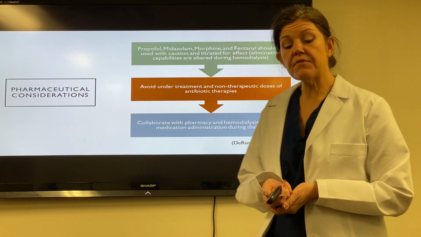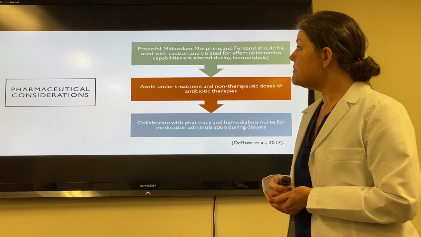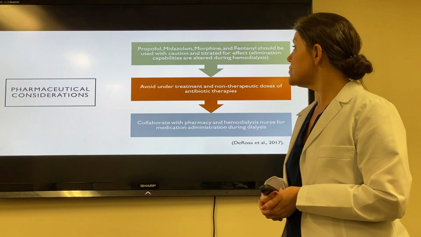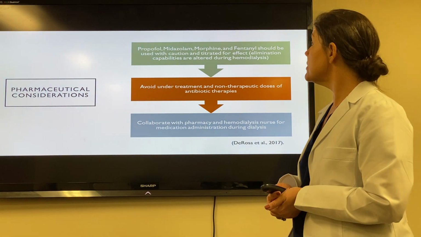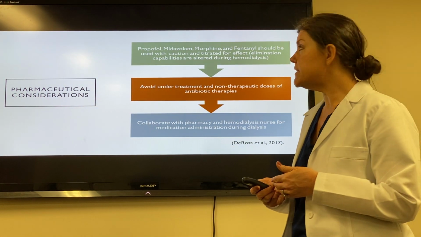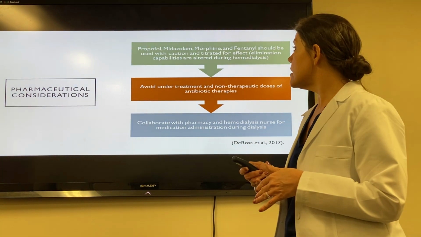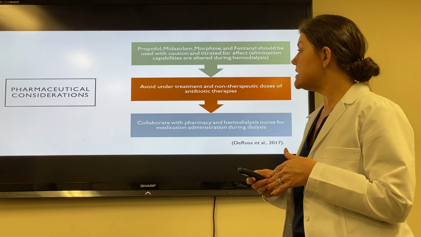Now we'll talk about some pharmaceutical recommendations and considerations. Patients who are on medications such as propofol, Versed, morphine, or fentanyl should be cautioned, especially when we're titrating these medications, because their elimination capabilities are altered during hemodialysis.